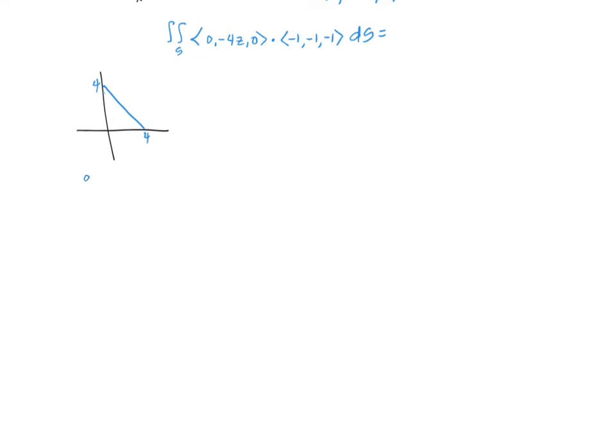I could let my x values go from 0 to 4. And now my y values, I have to be careful because I can start at 0, but then the largest y value would be on that line, which is 4 minus x. So y values would go from 0 to 4 minus x.